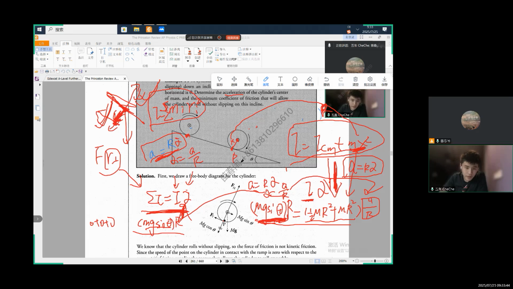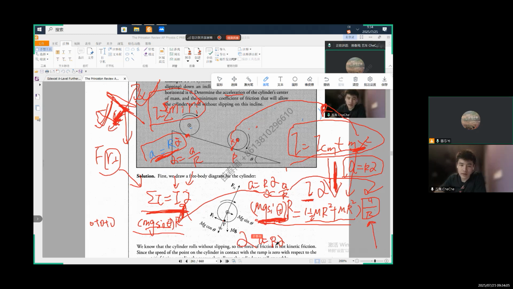Because once you have this, right, this is for alpha. I want to use this one instead of alpha. Otherwise I find alpha, but I want acceleration. You can also find alpha first, and then just use alpha times your R, then you can get the acceleration.